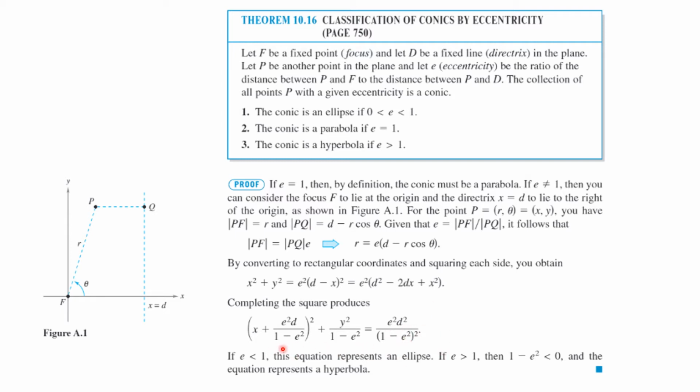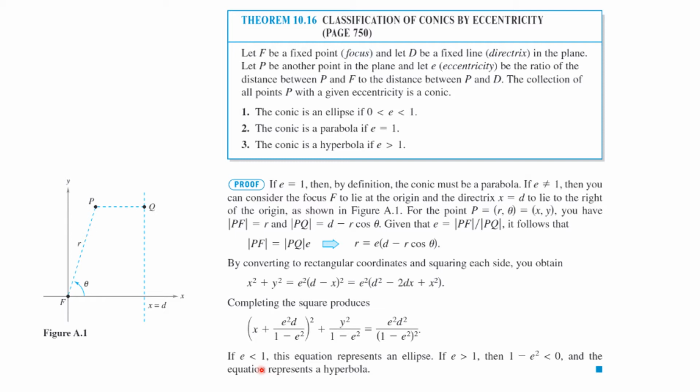And over here I get x minus a number plus y minus a number. And both of those numbers are going to be positive, at least as long as e is less than 1.